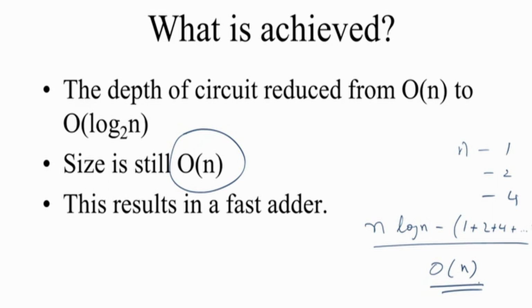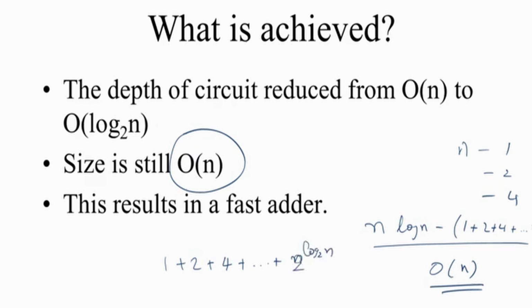So if you calculate from the back, this will be 1 plus 2 plus 4 plus till n. So what is this? What is 1 plus 2 plus 4 plus till n? 2 power log n is n, right?